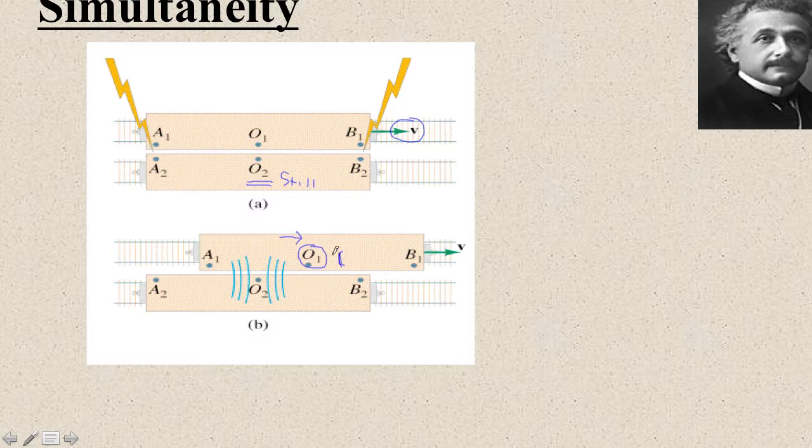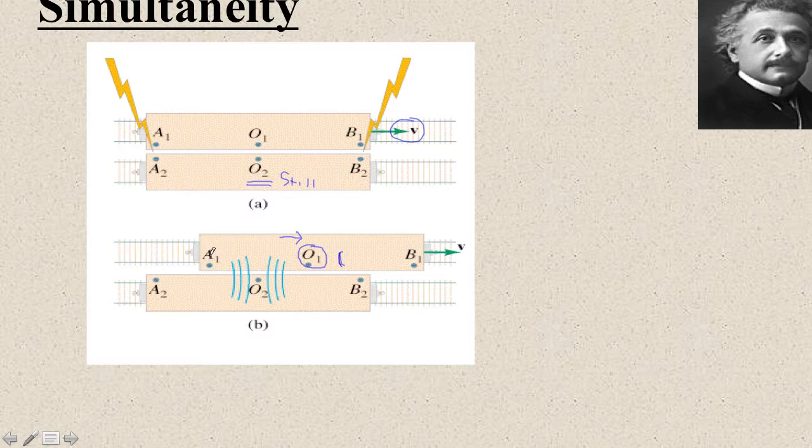Now, the weird thing, and this is what it all hinges on, is that you see that pulse of light not traveling at your speed plus the speed of light, but you see it traveling the speed of light. You see it coming from there. It's traveling only the speed of light. You see this one first. You see this one second. Therefore, this one really did happen first, and this one really did happen second in your frame of reference.